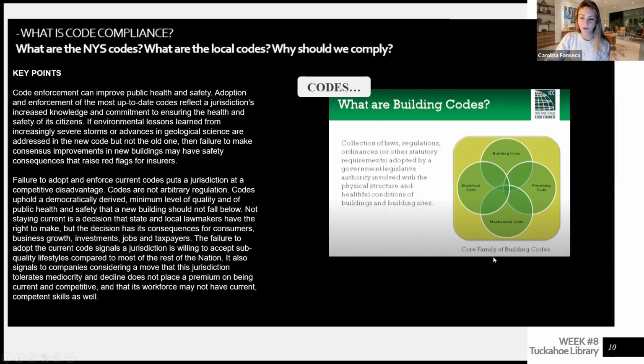So basically, if you look at this right-hand side, the model that was put together by ICC, the International Code Council, is a core family of building codes, which is a mix of building code, electrical code, mechanical code, and plumbing code.